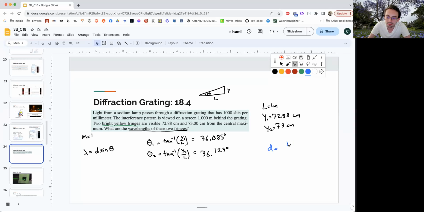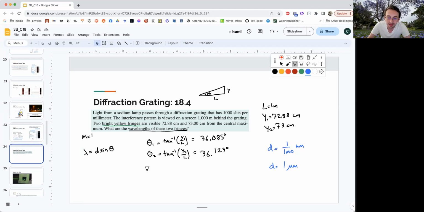Well, they would have to be 1 over 1,000, and that's 1 over 1,000 millimeters. So at the end of the day, d would be 1 micrometer, so 10 to the minus 6 meters. Right, so we're inverting the number of slits per millimeter, and then we're just converting that into a more appropriate unit. So 1/1000th of a millimeter is a micrometer.